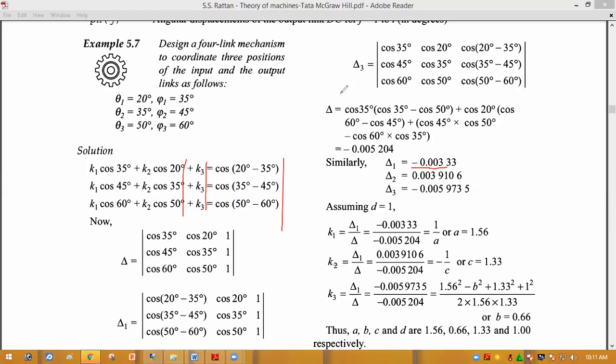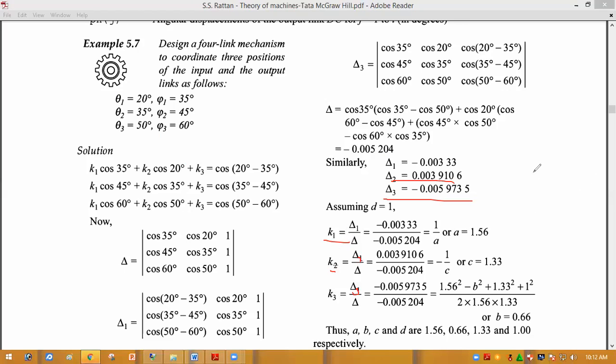Like that, delta 2 and delta 3, all these were solved. Now we have found the values of k1, k2, and k3. So k1 equals delta 1 divided by delta, k2 equals delta 2 divided by delta, and k3 equals delta 3 divided by delta.